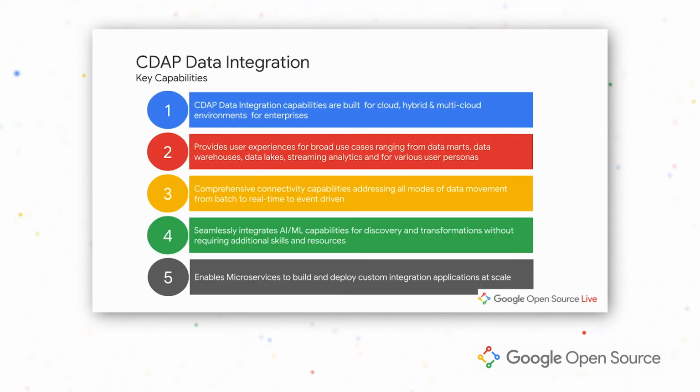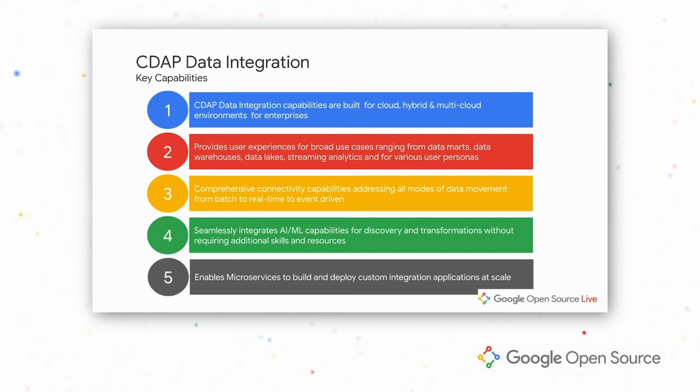If you go back and look at what capabilities the CDAP platform offers, CDAP data integration capabilities are built for cloud, hybrid, and multi-cloud environments. And I say enterprises always, because you can operate CDAP at enterprise scale.